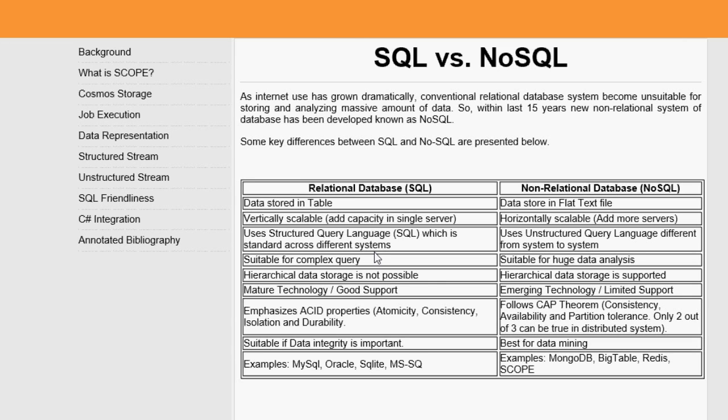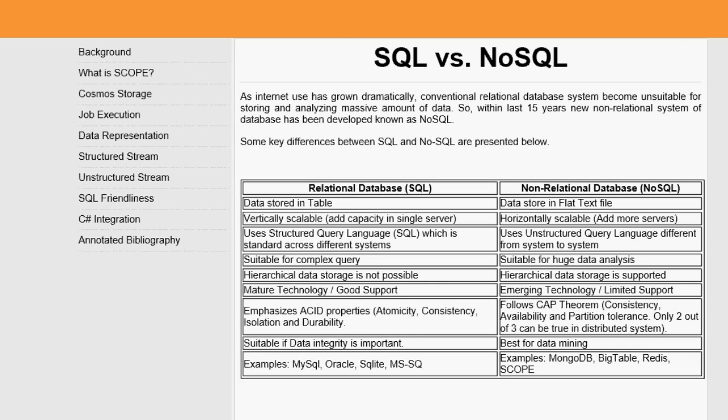That means you need to add hardware, like memory, to a single server, whereas a non-relational database is horizontally scalable, so you can add more servers. For relational databases, you use SQL, structured query language, which is a standard across different systems. But NoSQL uses unstructured query languages. They look like SQL, but could differ from system to system.